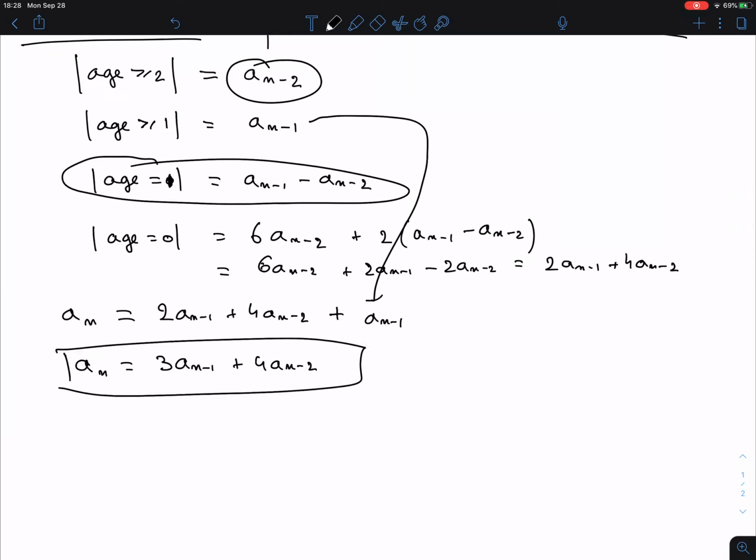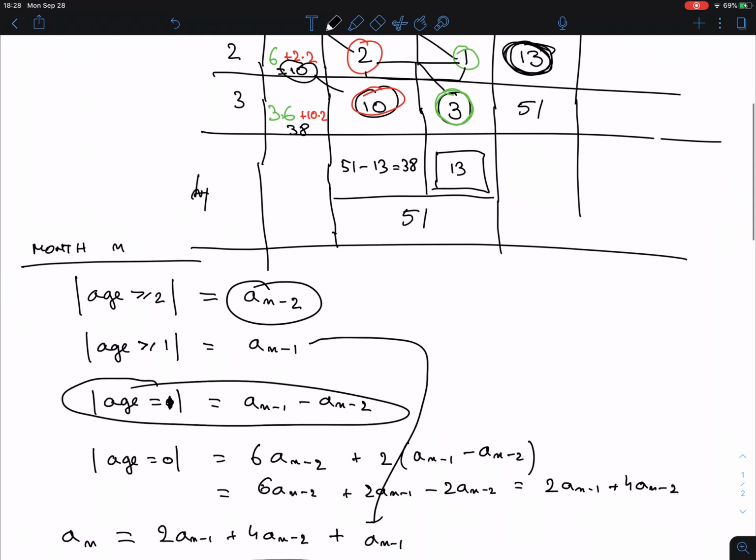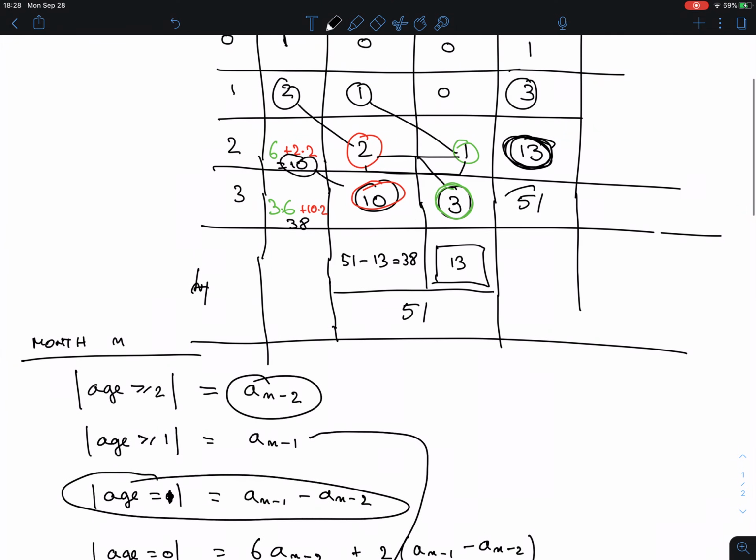Okay. Yeah, granted, it's not so obvious that this is the exact recurrence relation. It takes a little bit of thinking, a little bit of working. You can now also check. Let's check whether we can calculate that this number comes out here.